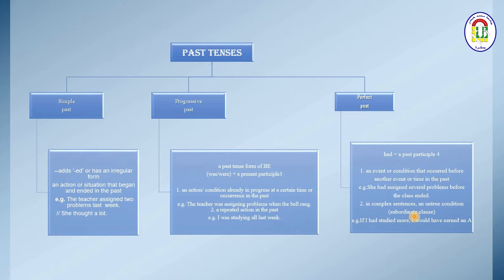If I had studied more, I would have earned normally an A. Okay, I would have earned an A. So this is normally the past perfect use, second use. It is used mainly in the conditional sentences.